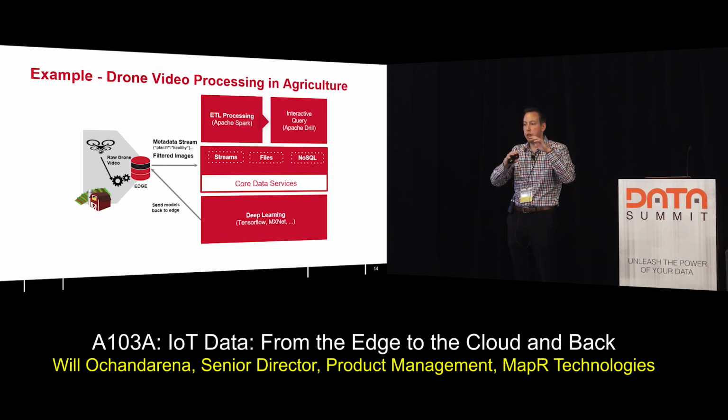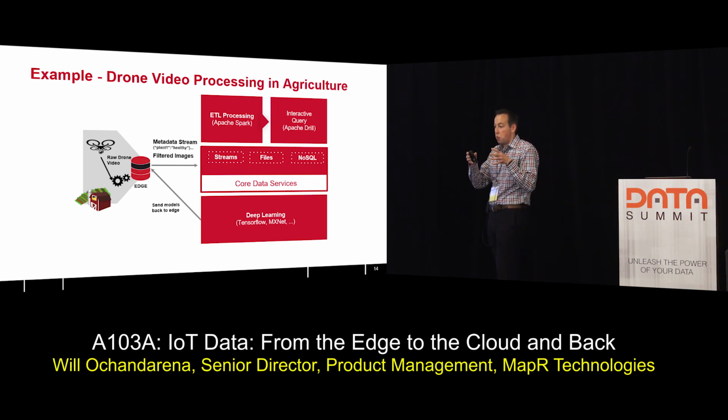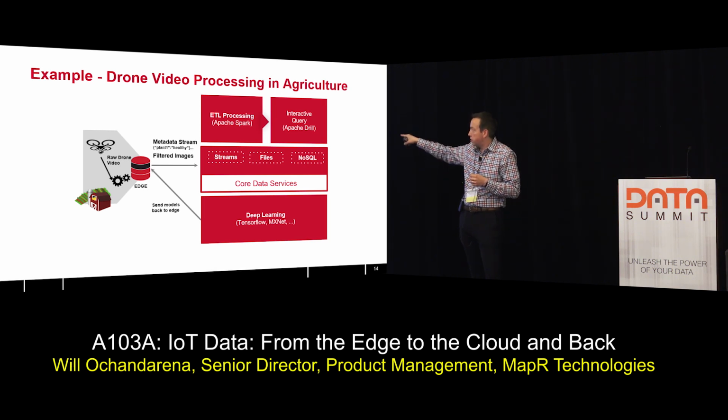But it takes that video in, and it has to know from looking at a particular frame whether, and it's going to be a lot more complex than this, but for simplicity's sake, let's say it can tell whether a plant is healthy, needs water, needs fertilizer, or there's a rabbit eating it or something like that. That is the metadata stream that then gets fed into the core along with filtered images.